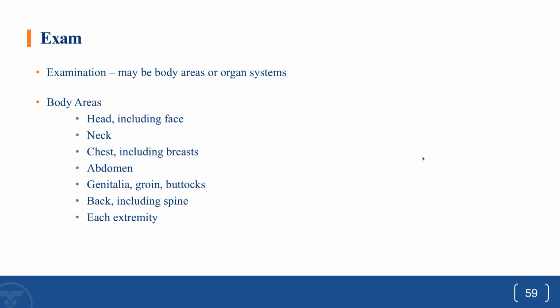But anyway, where it says problem focused on page 9, I want you to write one body system, or you can just put one, because we're talking about body systems. Where it says problem focused, that's one body system. Where it says expanded problem focus, that's 2 to 7 body systems. Where it says detailed, it's still 2 to 7, but they're going to spend extra time in detail on one of those particular body systems.